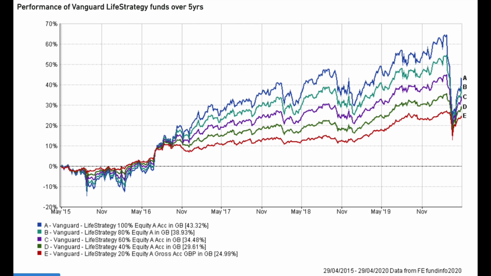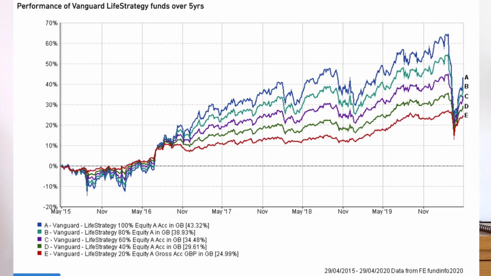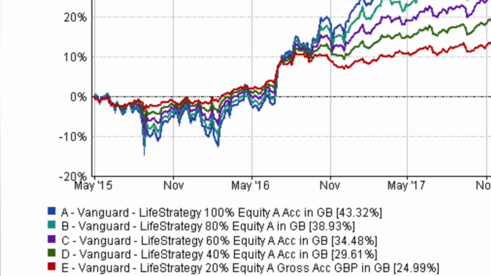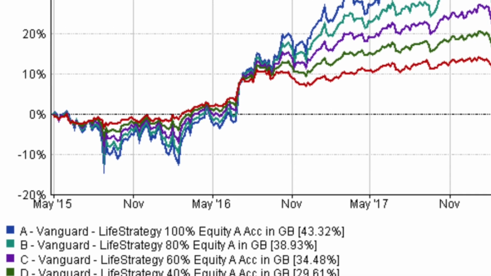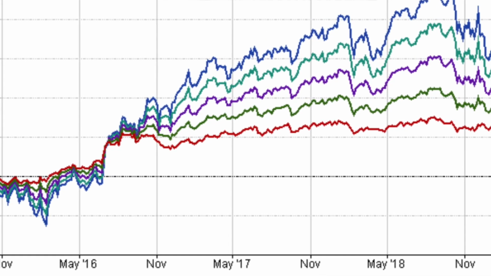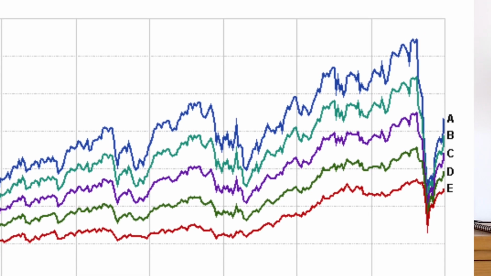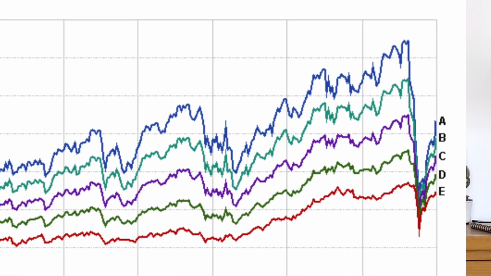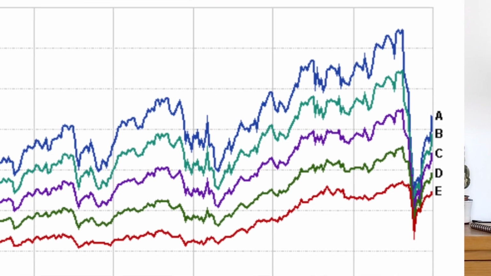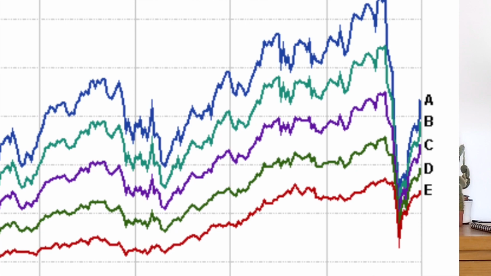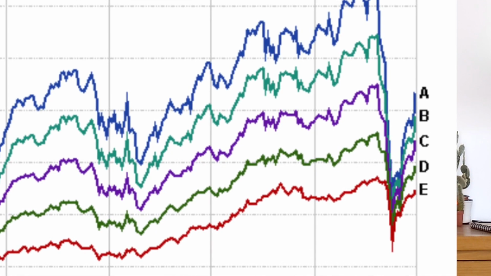It's called the performance of Vanguard life strategy funds over the last 5 years. And as you can see, starting with the same sum of investment at the very beginning, the Vanguard life strategy fund with 100% equity at the end wins and brings you the highest returns, whilst the life strategy fund with only 20% equity, where 80% of your money is invested into bonds, brings you the lowest returns at the very end.